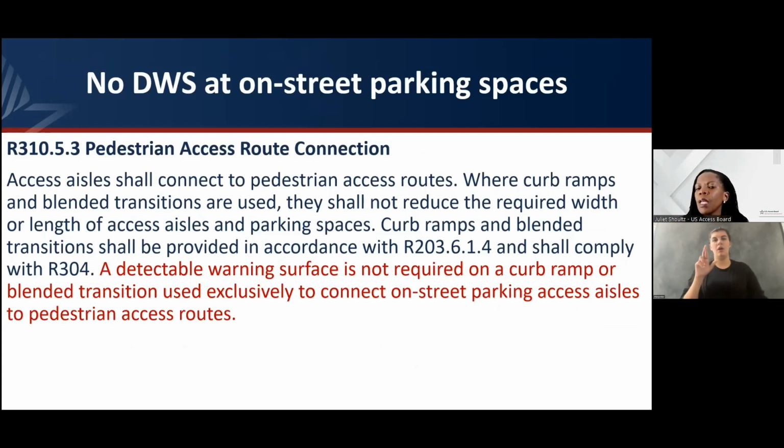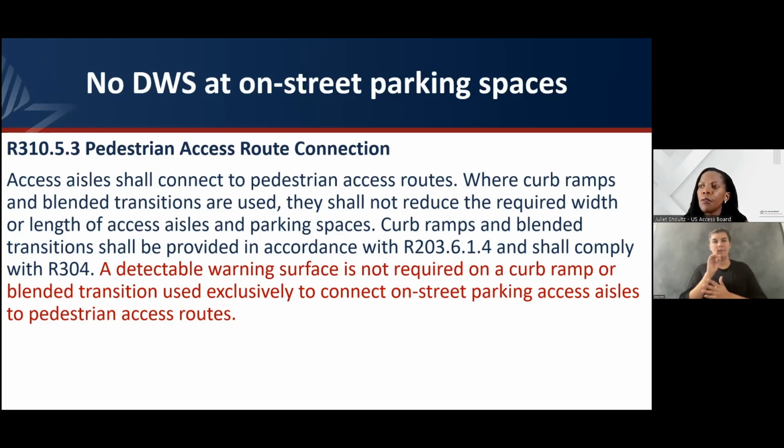Figure R309.2.1 in the NPRM was misleading and caused quite a bit of confusion because it showed detectable warning surfaces at a parallel parking space. And in the final rule, we make it clear that a detectable warning surface is not required on a curb ramp or blended transition that's used exclusively to connect on-street parking access aisles to pedestrian access routes. And this is at R310.5.3, pedestrian access route connection.